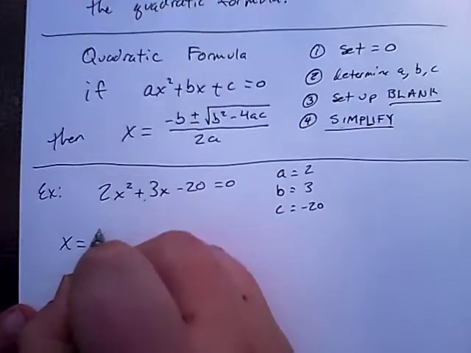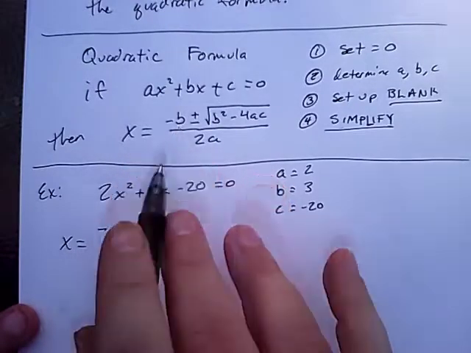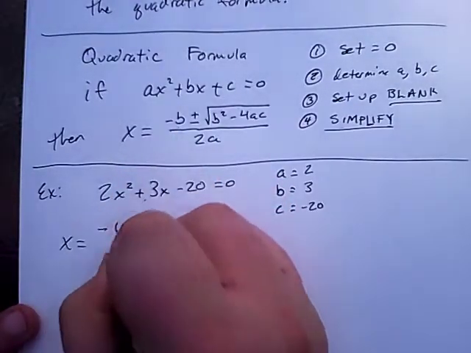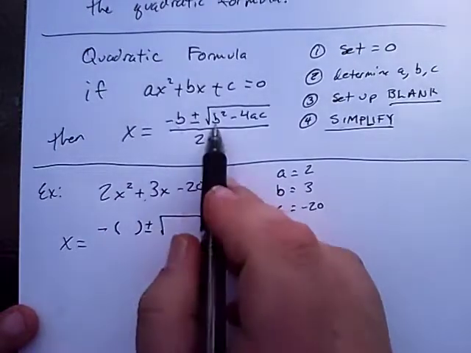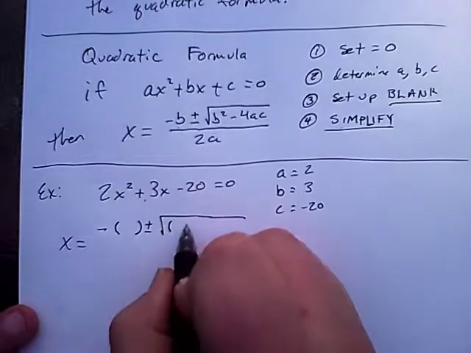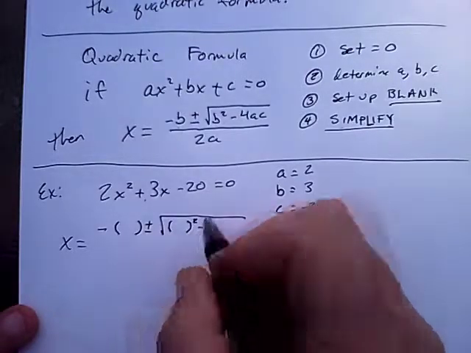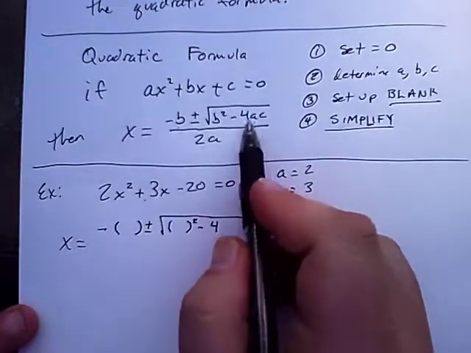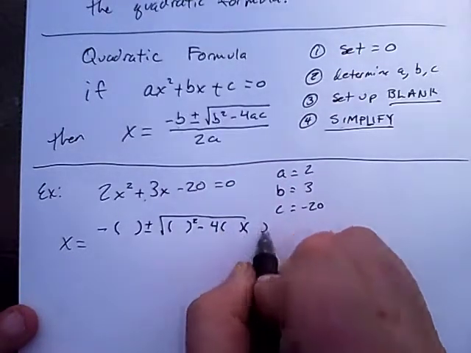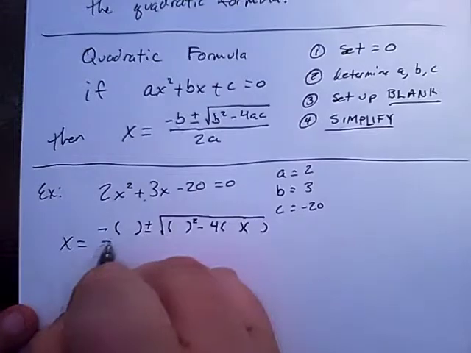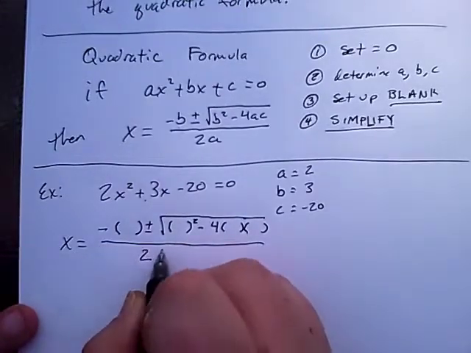Alright, so x equals the opposite. Now, instead of B, I want to have blank parentheses: the opposite of B, plus or minus the square root. And then we have b squared, so parentheses squared, minus 4 times ac, so I need parentheses, all over 2a.